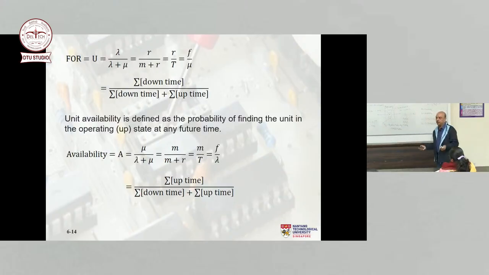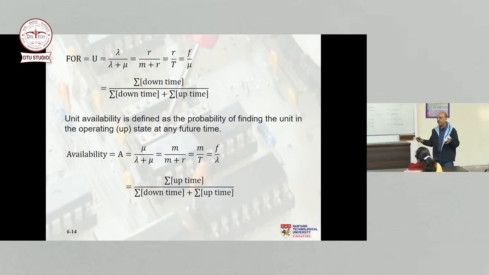Especially for electronic components, we don't have repair, because once a component fails, it's out the window anyway, right? So downtime over downtime plus uptime, that's how the unit unavailability is defined. The availability is the complement of unavailability, defined as the probability of finding the unit in the operating state at any time in the future.